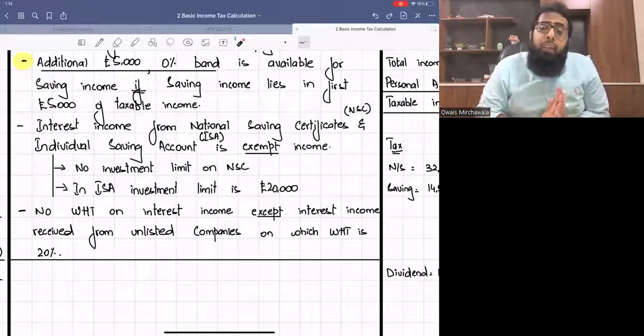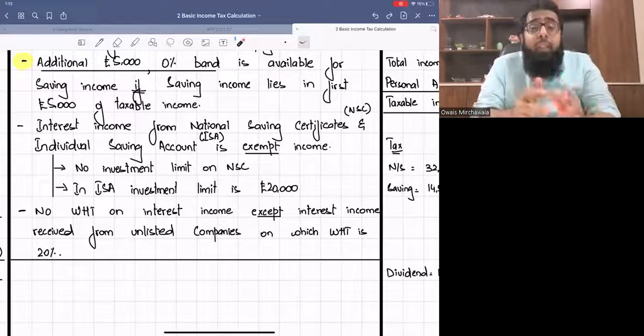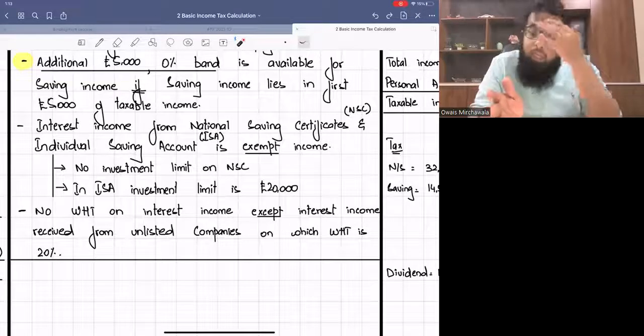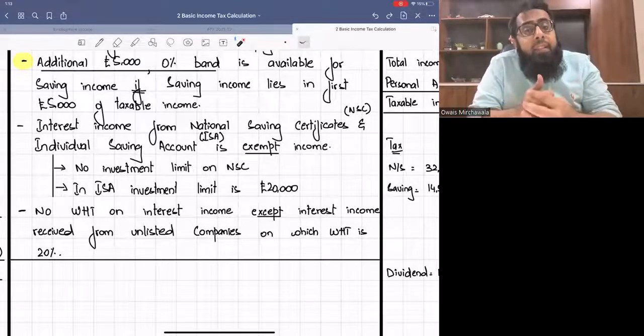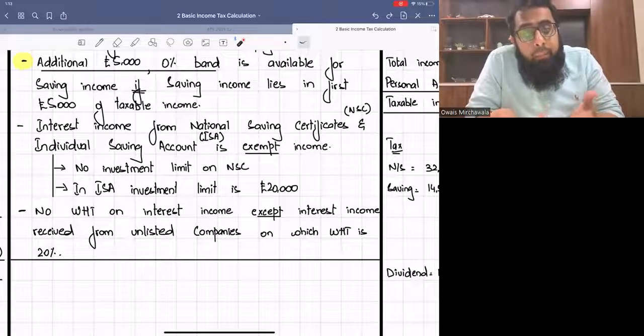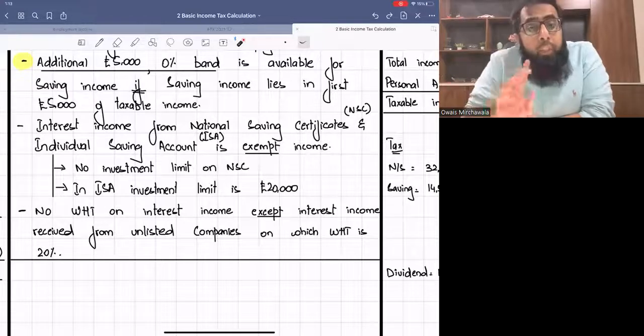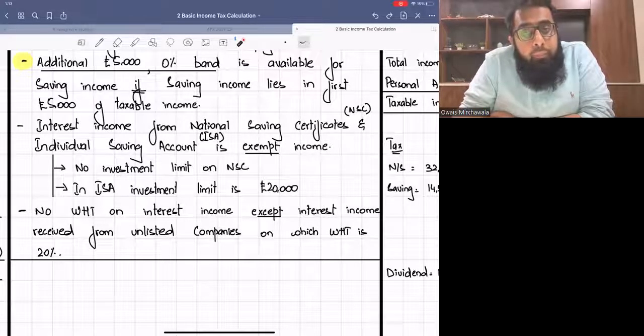But if you are getting interest income from unlisted companies, now you must be thinking, why would an unlisted company give us interest income? Because we will have their debentures or loan notes. In that case, withholding tax is 20%, so you need to gross it up.